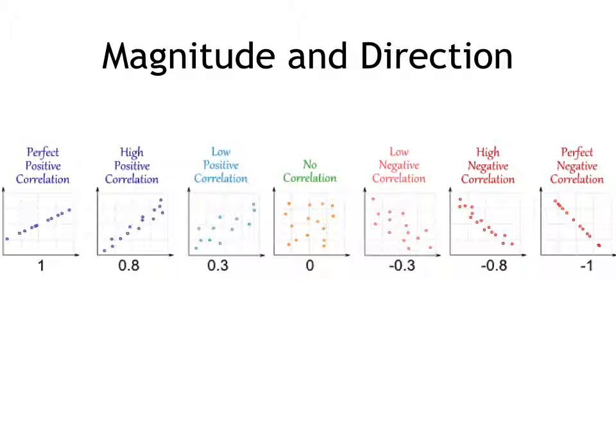The next one over, you can see that that's a high negative correlation. And then the furthest one to the right is an absolutely perfect negative correlation of -1. So I know exactly every time a number goes up 1 on the x-axis, it's coming down 1 on the y-axis.